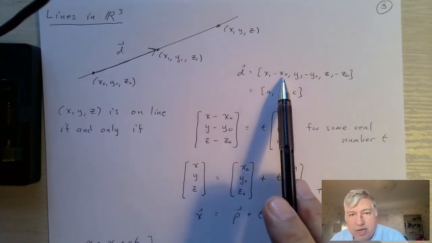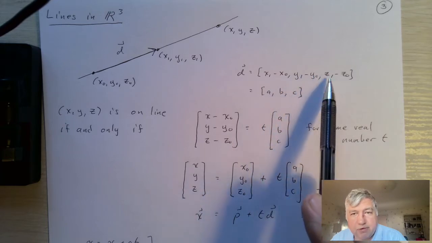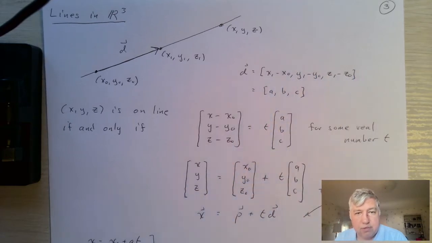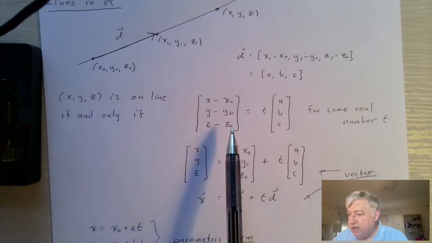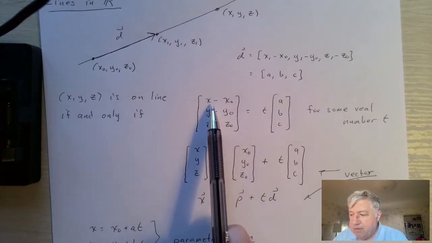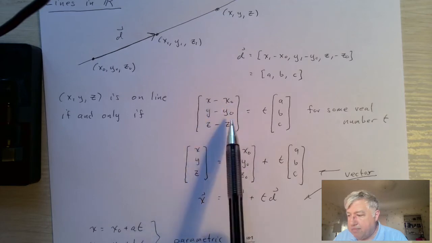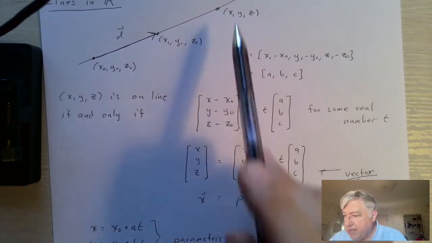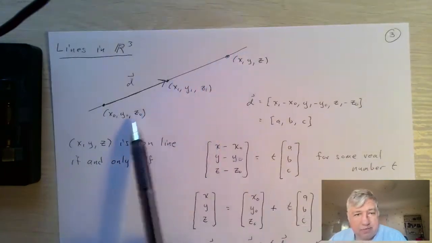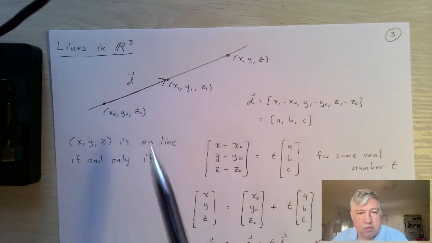This is x1 minus x0, y1 minus y0, z1 minus z0, and we see that the point x, y, z is on the line if and only if the difference, this expression, x minus x0, y minus y0, z minus z0, that's this vector right here, is a scalar multiple of d.